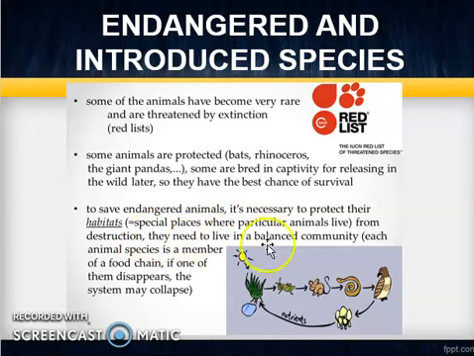They need to live in a balanced community. Each animal species is a member of the team. If one of these disappears, the system may collapse. So the extinction of an endangered animal or a certain group of animals can disturb the food chain within that area or ecosystem.